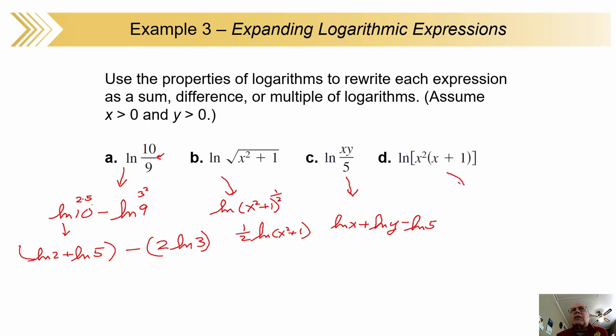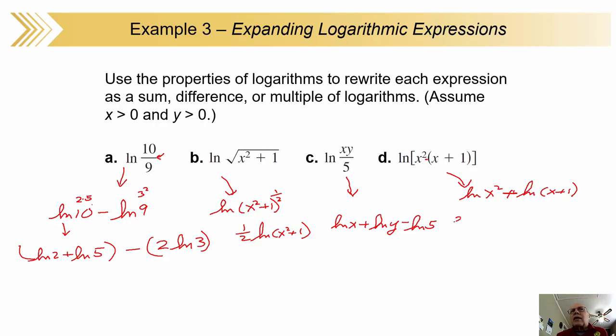On the last one, I've got multiplication. So I'll have the natural logarithm of x squared plus the natural logarithm of x plus 1. Make sure you put the x plus 1 in parentheses. And you show this as a plus. Now notice before we leave this, this has a power.